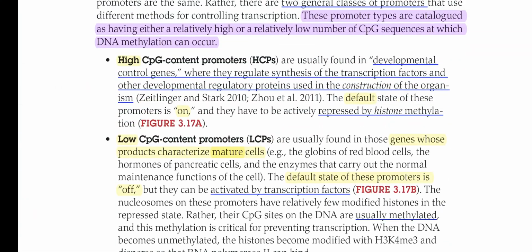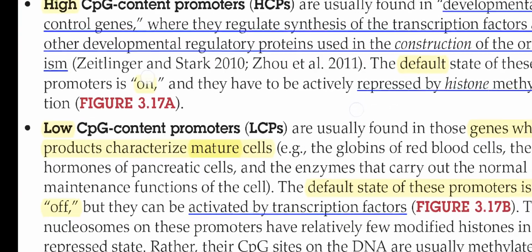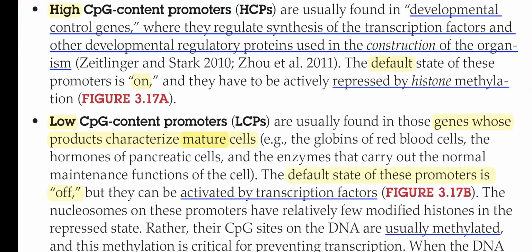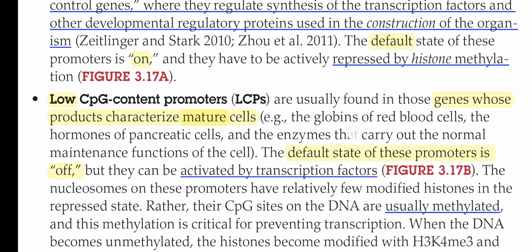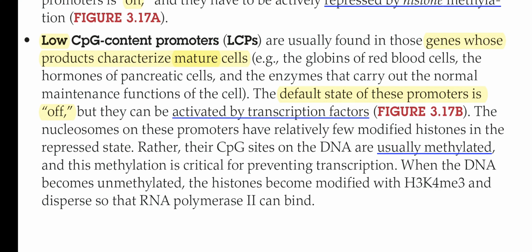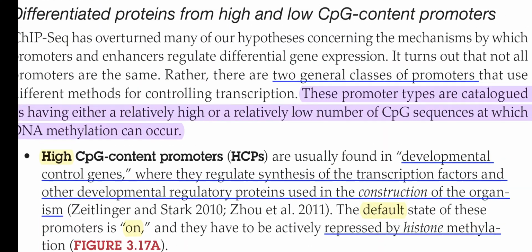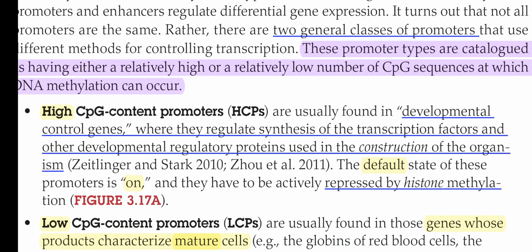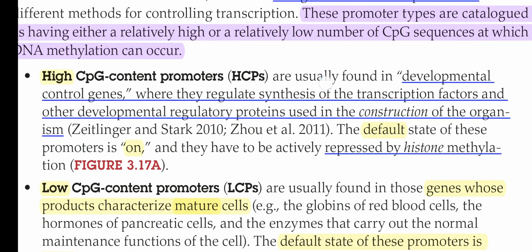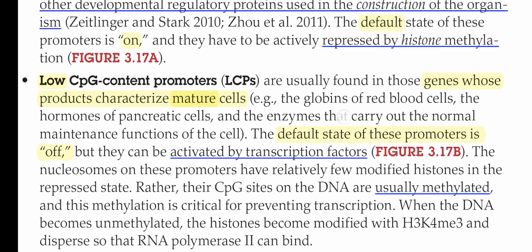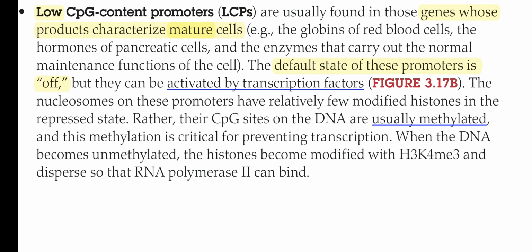So low CpG means genes whose products characterize major cell types. The default state of this promoter is off, and they can be activated by a transcription factor. So high CpG: default is on, repressed by histone methylation; and low CpG: default is off, can be activated with some transcription factor.